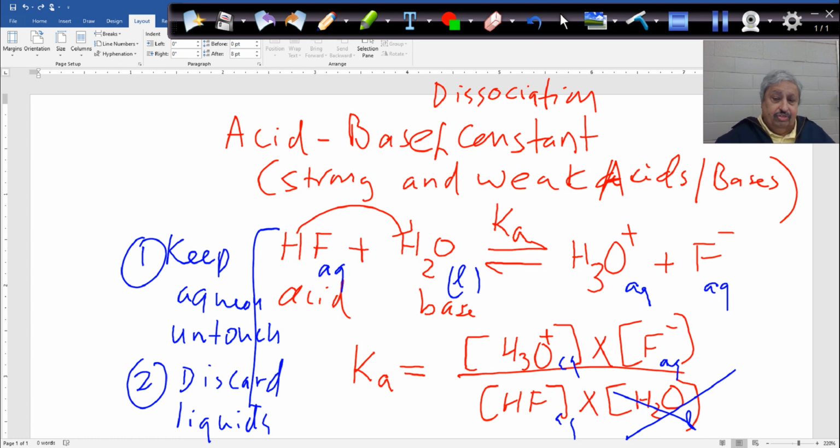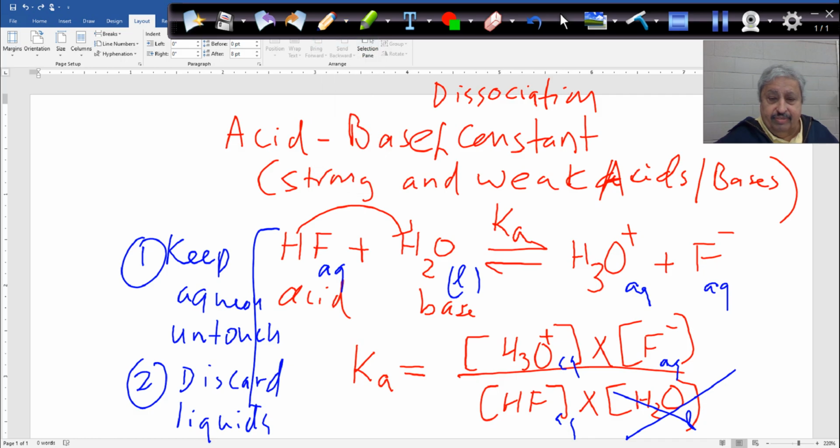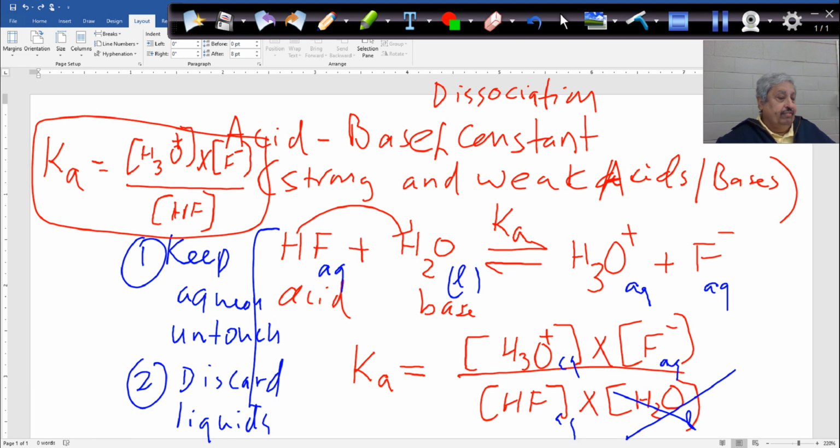The dissociation constant of this acid, Ka, will be the hydronium ion multiplied by the fluoride ion, divided by the acid HF. Only the aqueous species are kept inside. The liquids are out. So this is the dissociation constant of HF.